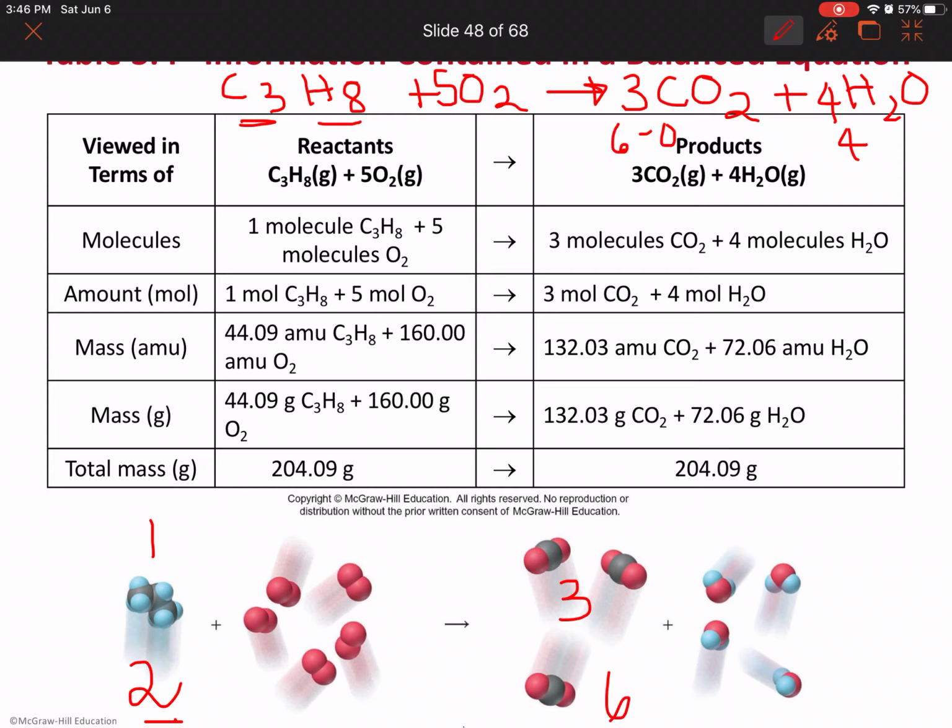What about water molecules? It would be 8. How many oxygen molecules will react with 2 molecules of propane? If 1 to 5, this would be 2 to 10. Do you see that? That is what means they are stoichiometrically related. If something changes the amount, others are also going to change accordingly.